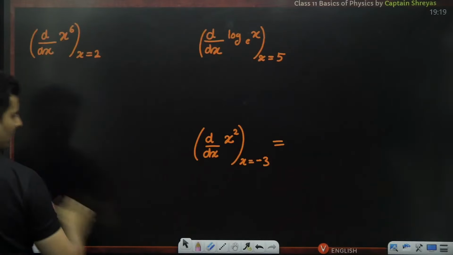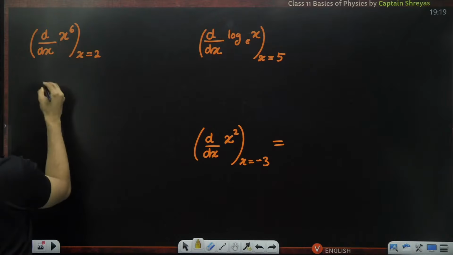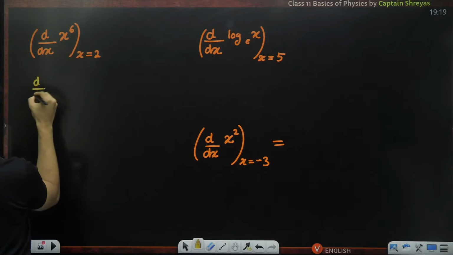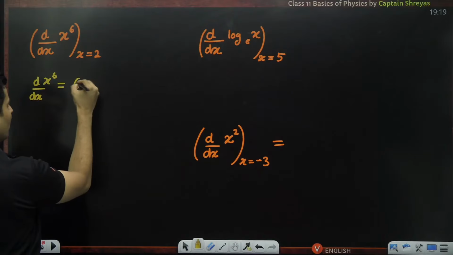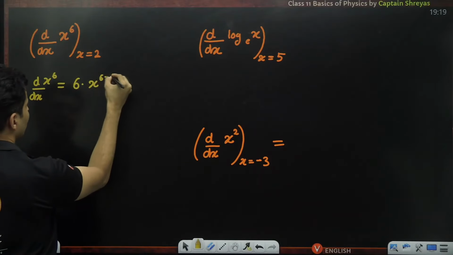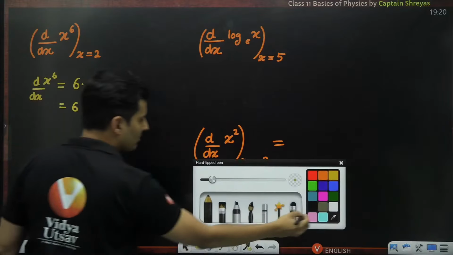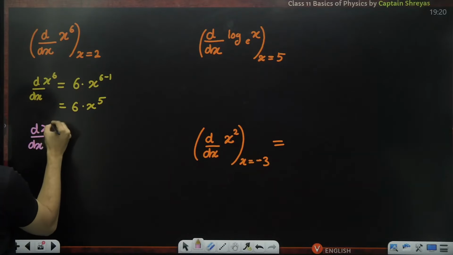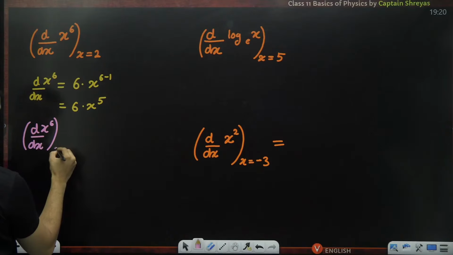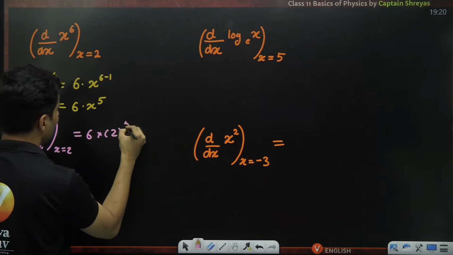So first of all, if you just take the derivative d by dx of x raised to 6, x raised to n formula, so 6 into x raised to 6 minus 1, which is 6 into x raised to 5. Now substitute the value. So d by dx of x raised to 6 at x is equal to 2, meaning put 6 into 2 raised to 5.